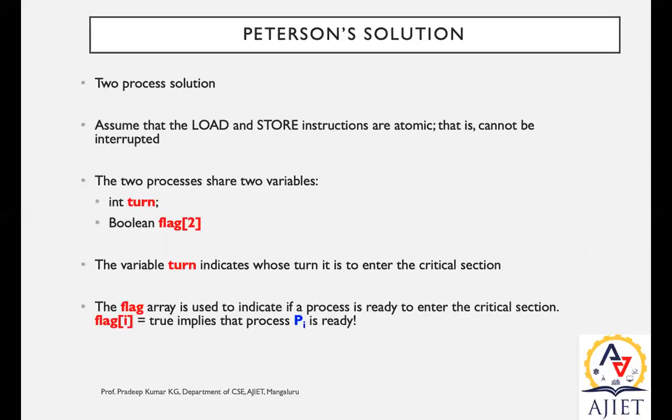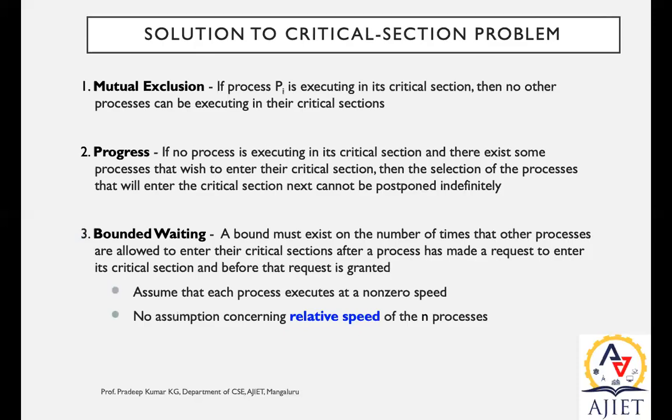So now we have a solution for this, that is Peterson's solution. Peterson's solution is nothing but a software based solution. It addresses the requirements of mutual exclusion, progress, and bounded waiting. Mutual exclusion means whenever a particular process Pi is executing in its critical section, no other process can enter.